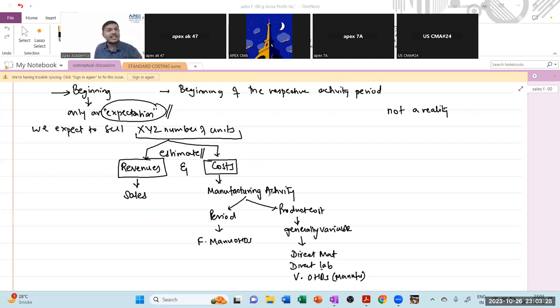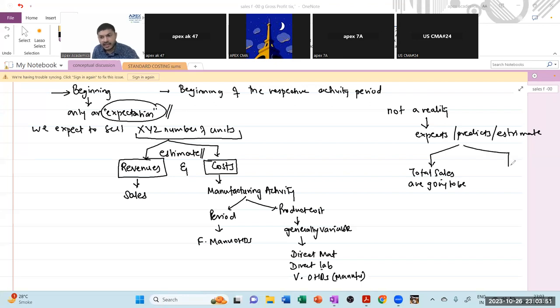On the basis of this estimation, the company now predicts what their total sales are going to be, and what their total profits are going to be.